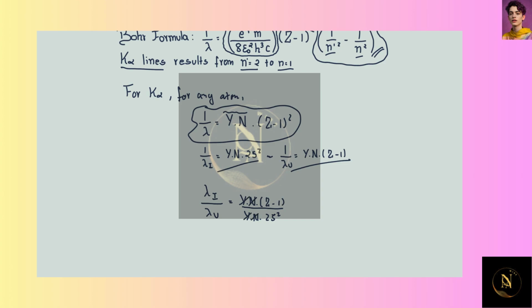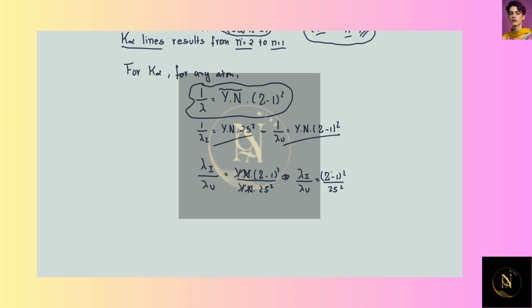This factor simplifies and we get the following relation between lambda and z: lambda iron divided by lambda unknown equals z minus 1 squared divided by 25 squared.